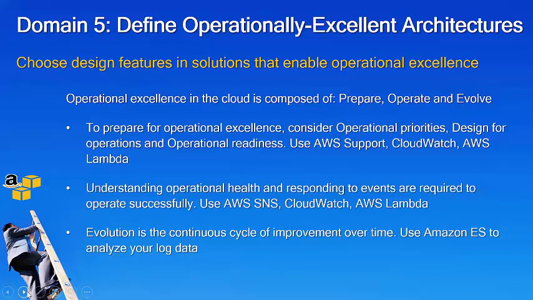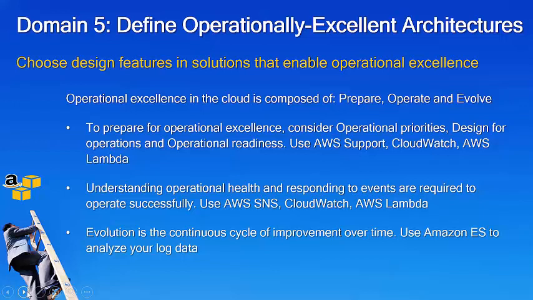The key AWS service that supports designing for operations is CloudWatch, which allows you to monitor AWS cloud resources and applications. The key AWS service that supports operational readiness is AWS Lambda, which enables the definition of operational procedures as code that can be triggered by events within your environment.